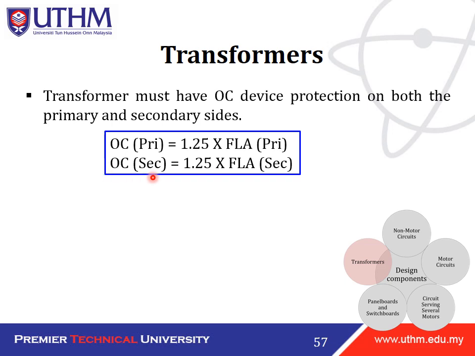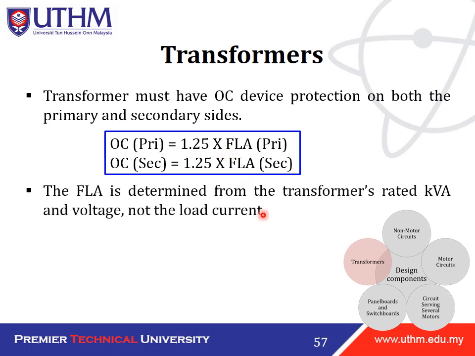We can see that both sides have a similar equation: the overcurrent device for primary and secondary is equal to 1.25 times the FLA, full load ampere. The FLA is determined from the transformer's rated kVA and voltage, not the load current. So we will see this.